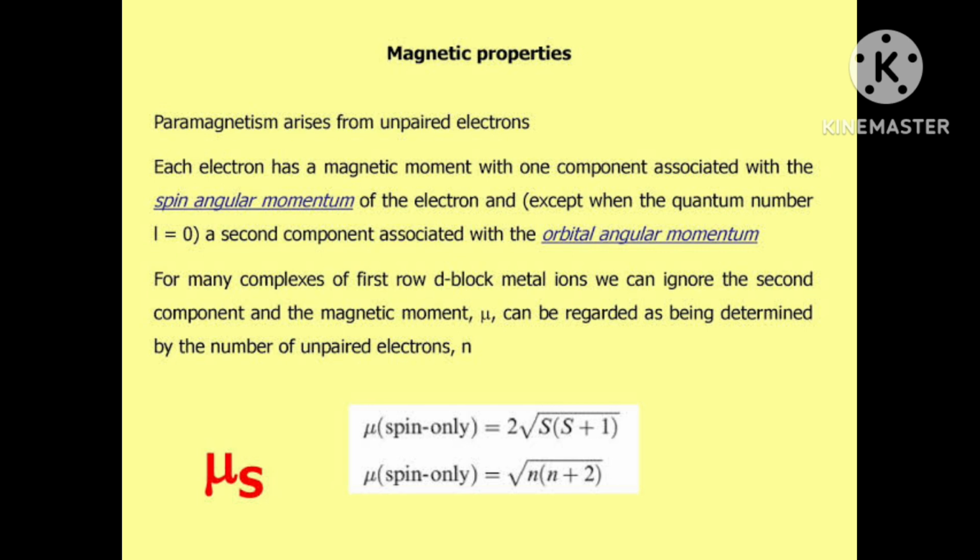This degeneracy is maintained if a spherically symmetrical field of negative charges surrounds the metal atom or ion. It will be maintained even when ligands surround the central metal atom or ion.